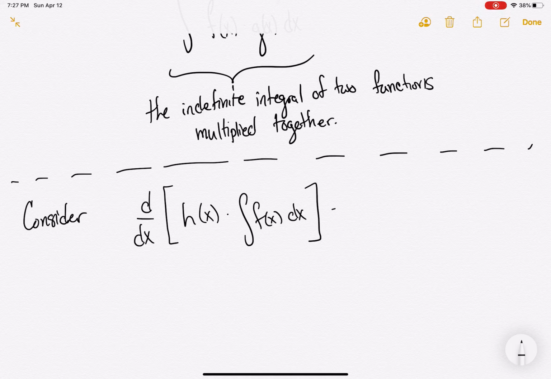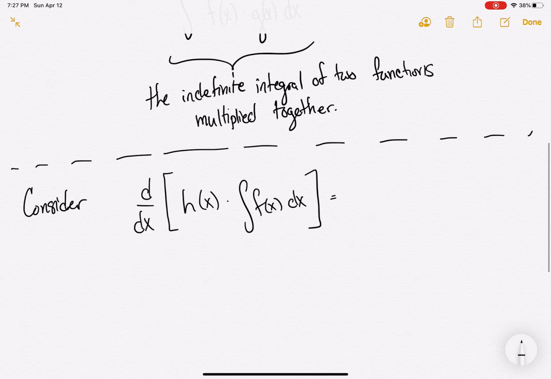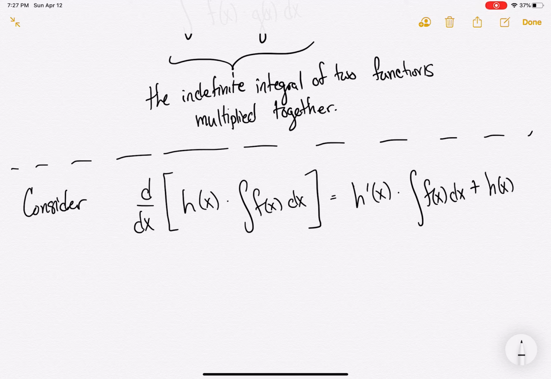We use the product rule: the derivative of the first times the second plus the first times the derivative of the second. Product rule says h prime of x times the second, plus the first times the derivative of the second.